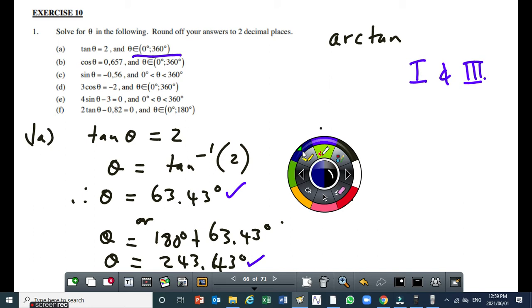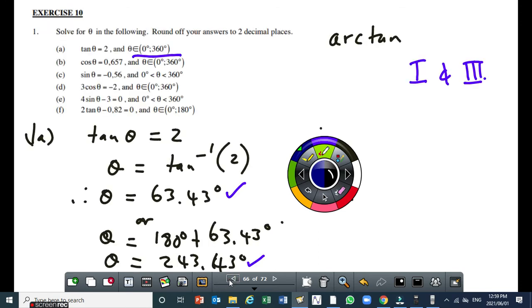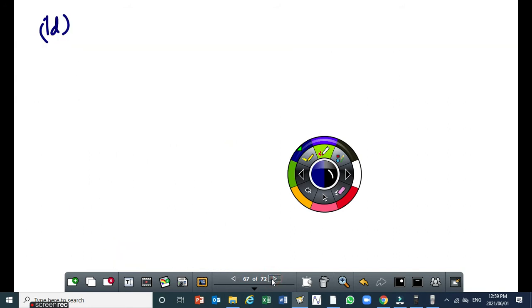So 3 cos theta is equal to minus 2. So that's 1D, right? It's 3 cos theta equal to negative 2, right? Our value for theta must be between 0 and 360 degrees. So the first thing is to make cos theta the subject.